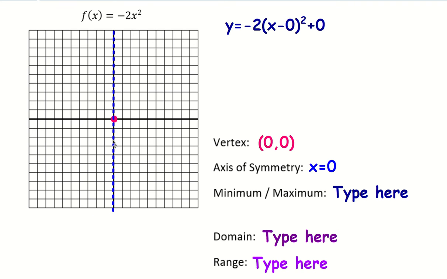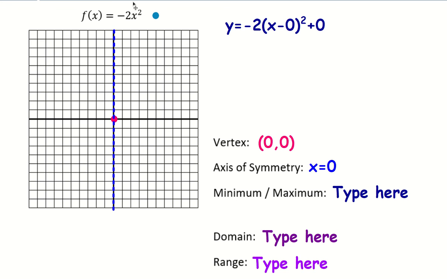Right? Just like that. And this negative 2 would vertically stretch it, and not to mention the fact that it's a negative 2, which would flip the parabola upside down. This would graph as an upside down parabola.